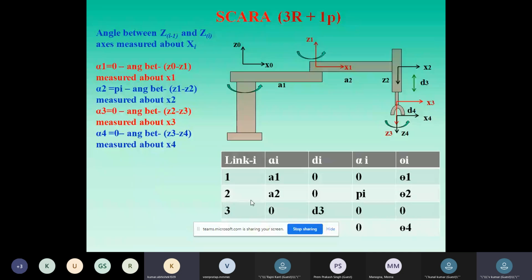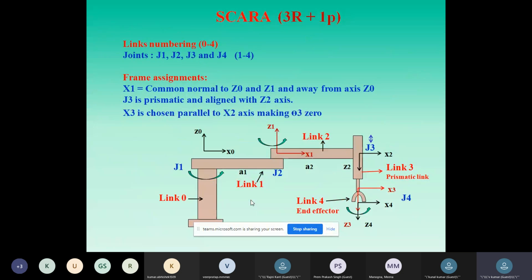Otherwise, you read, then you will find it very simple. If you know the DH parameter... without the DH parameter, you cannot do anything in a manipulator: no kinematics, no dynamics, no trajectory planning, no programming.